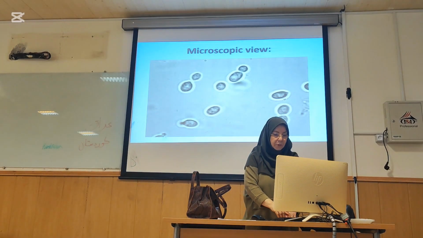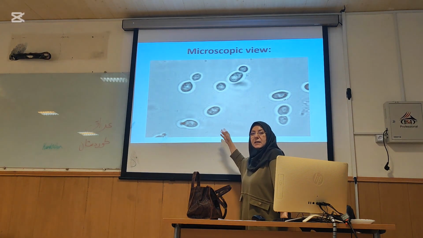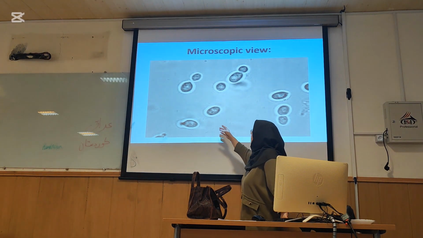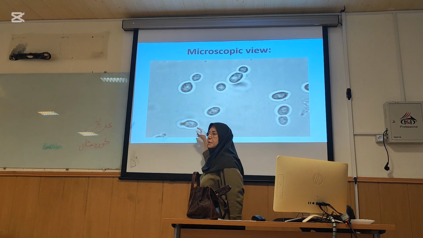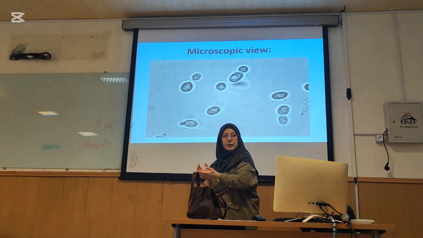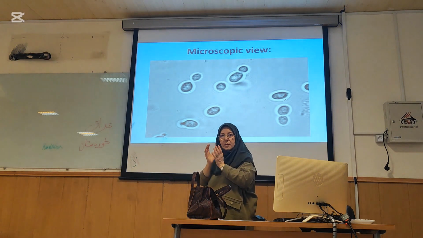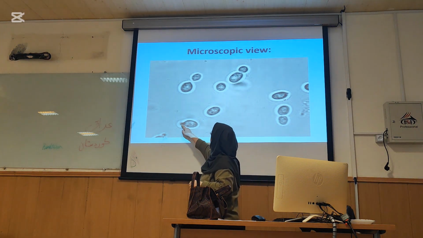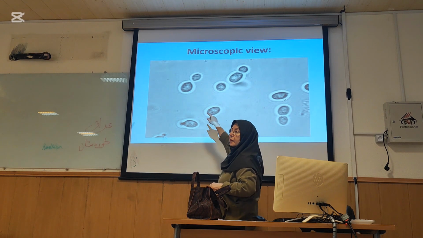Under the microscope, you can see this view. As you see, it is a yeast, and the yeast body has one capsule around it. It is a yeast with a capsule, and it is shown in this form.